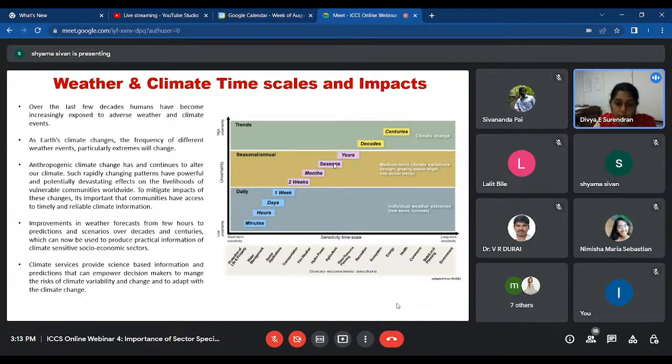With the improvements in forecasting over the last few years, with the advance in technology and observational networks, the forecast has improved considerably. So in a way we should know the climate information also, climate change and variability.